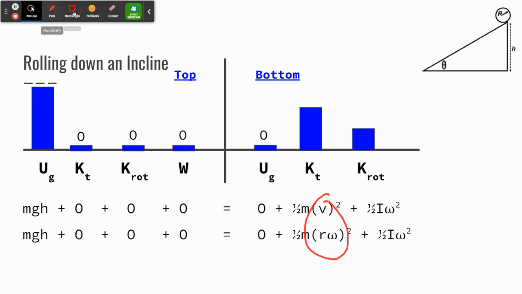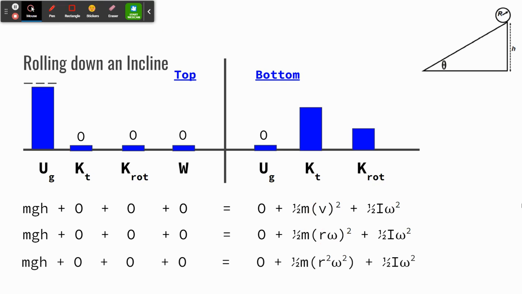They'll remember to put in r times my angular velocity, but then what they'll forget to do is that that squared distributes in. So you're going to end up with r squared times your angular velocity squared, which if you have numbers, usually isn't a problem. But if you're dealing with variables, then that's when students tend to mess that up and make mistakes. So just be really careful with this part. It's the most common spot to make a mistake.